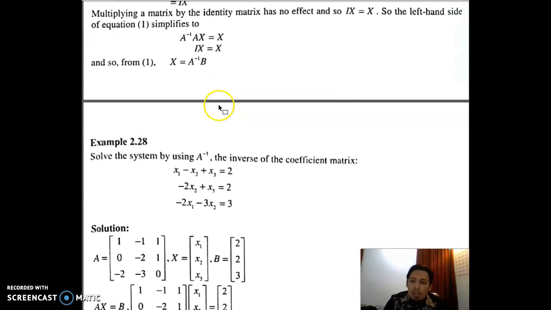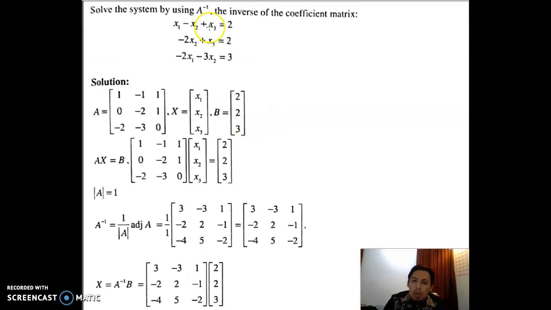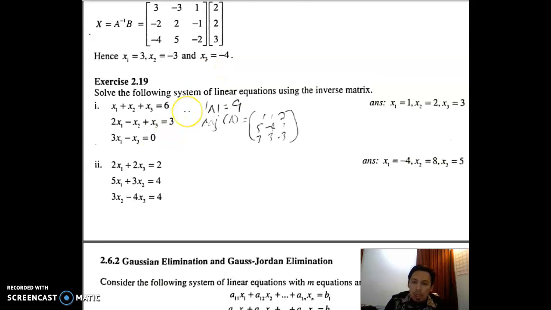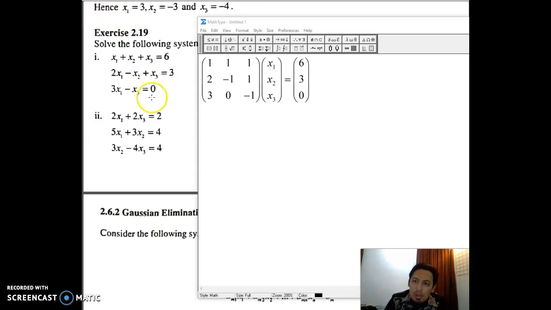Right? So let's see. Okay, this one has already been solved. Let's try to do this one. Let me set up the system first. For this system of linear equations in terms of matrix, this is the form.